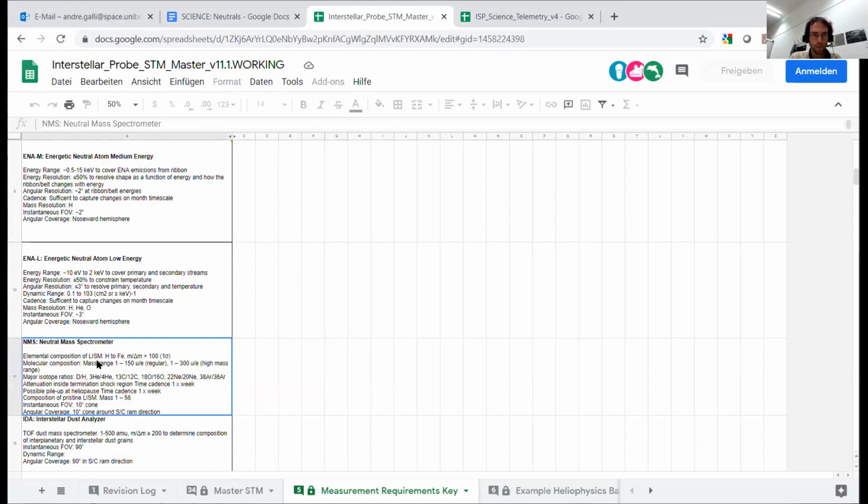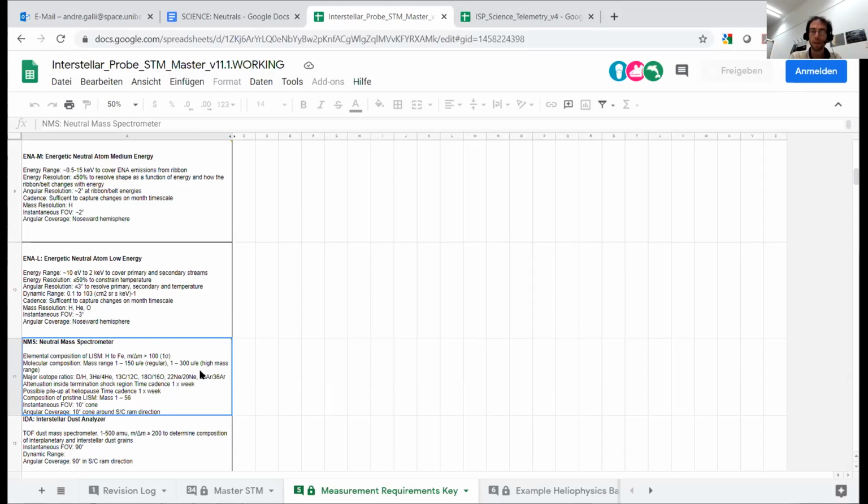Here you have the requirements that you want to be able to cover. Here you have the isotope ratios that you want to be able to measure, D over H, helium-3 to helium-4, and then of course also the carbon, oxygen, neon, and argon isotopes. If you get those isotopes for the local interstellar matter, you know a lot more about our neighborhood than you knew before.